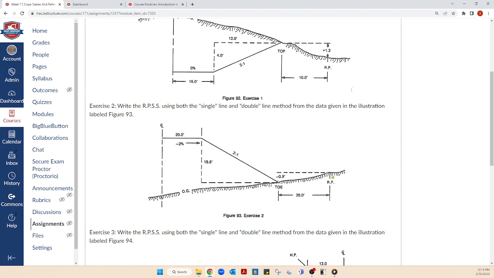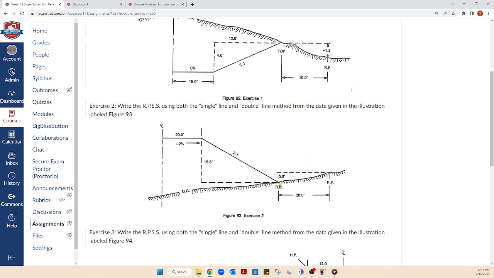In 20 feet, cut 0.9 feet. So on that top part of the stake, it would say RPSS in 20 feet, cut 0.9, R minus 0.9. And that puts you right here.